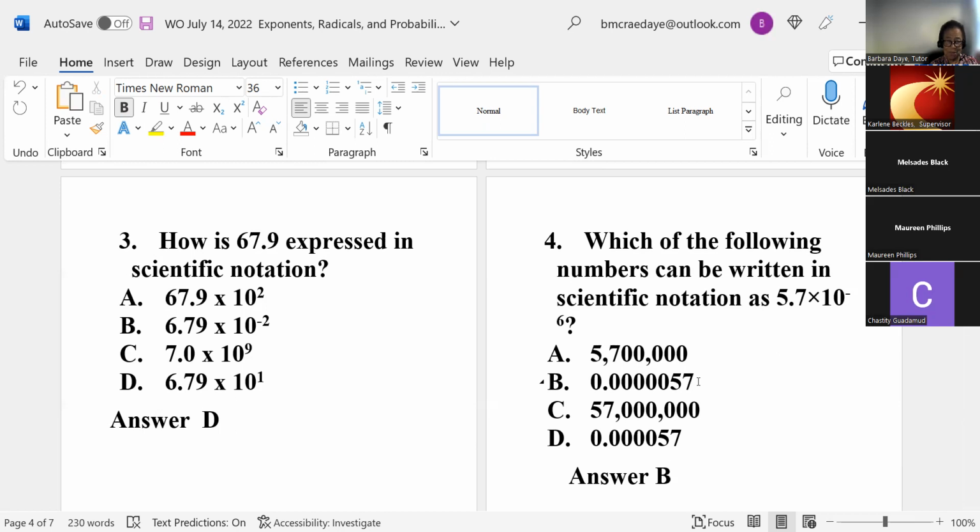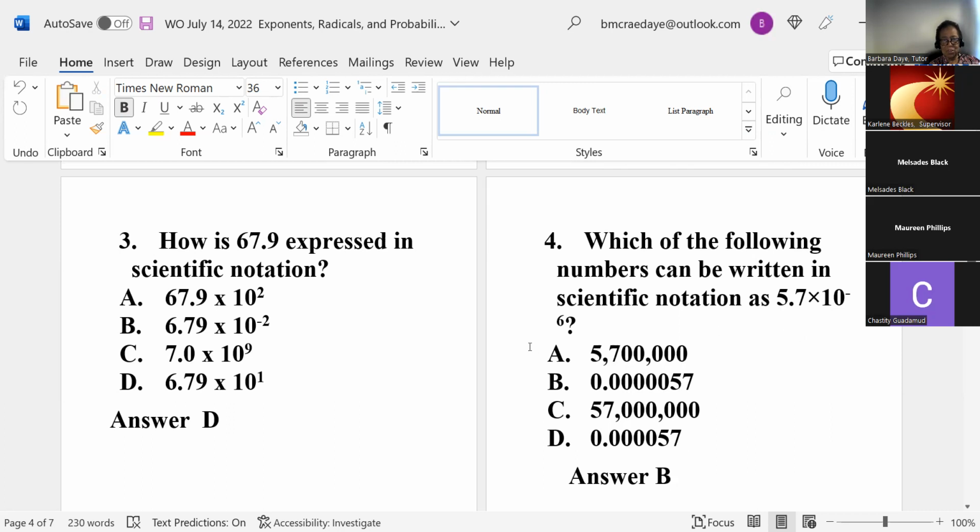Maureen, you say you don't have a clue why you did it, but you put the decimal point between the 5 and the 7. That satisfies the first part of scientific notation, being between the numbers 1 and 10. So how many places did you move it? Just count. 1, 2, 3, 4, 5, 6.